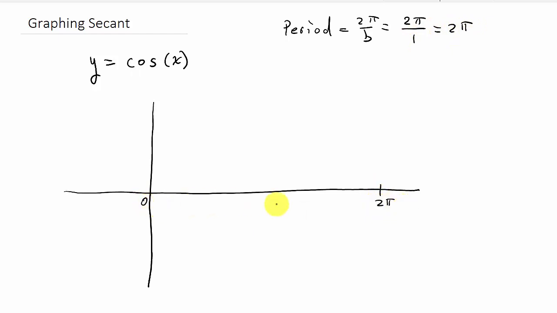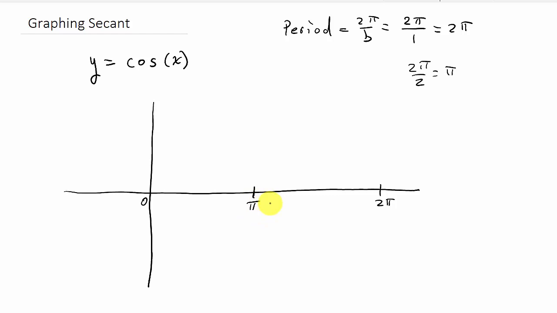And then what we want to do is break this period up into 4 equal intervals. So we need the midpoints. To find the midpoint, remember you just add the endpoints and half it. So if we take 0 plus 2 pi, that gives me 2 pi, and then if I half that, I get pi.